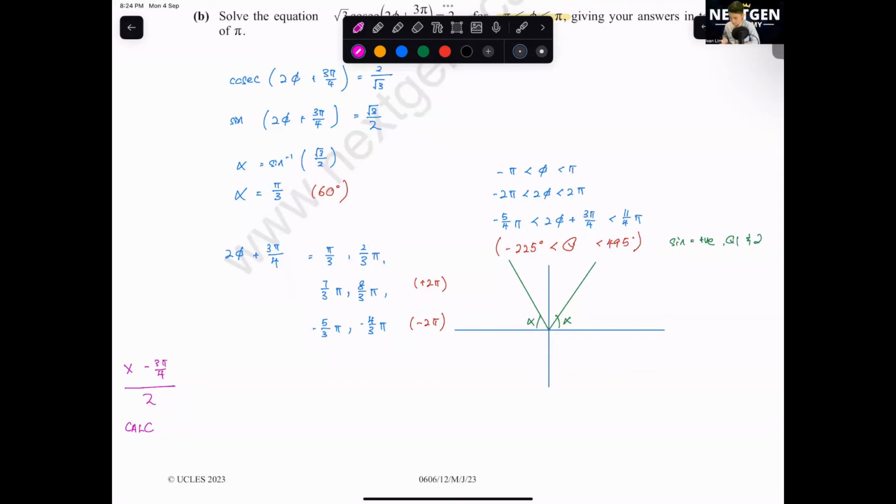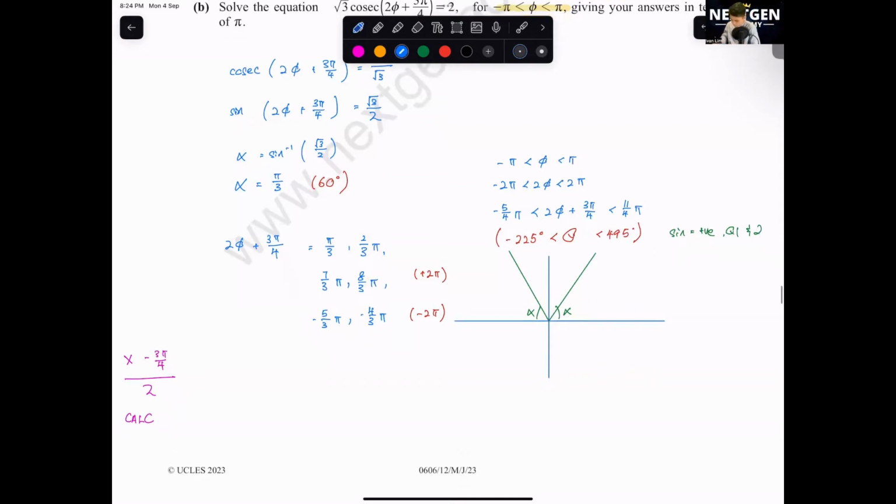Okay, what's the value you'll get? So here, you should get the first one: negative 5 over 24 pi, negative pi over 24. Then 19 over 24 pi, then 23 over 24 pi.